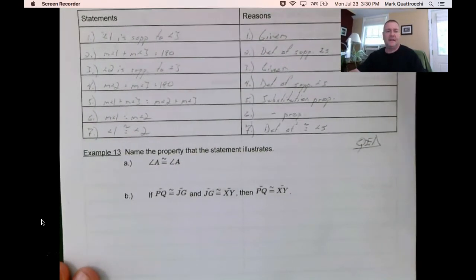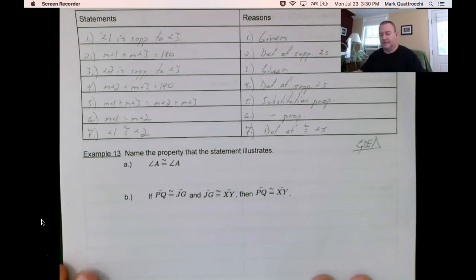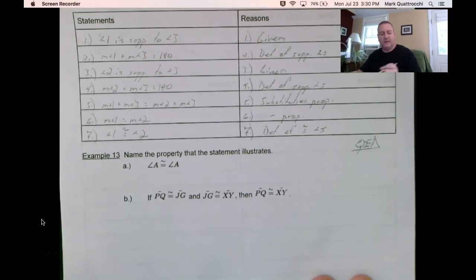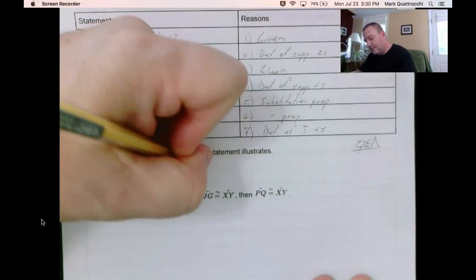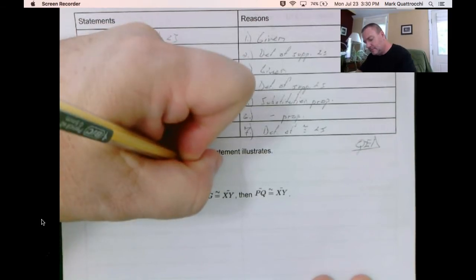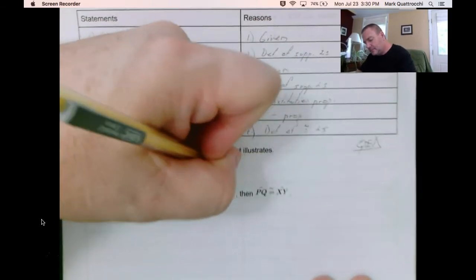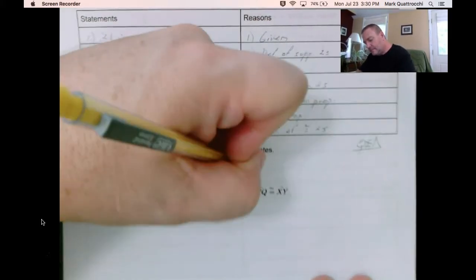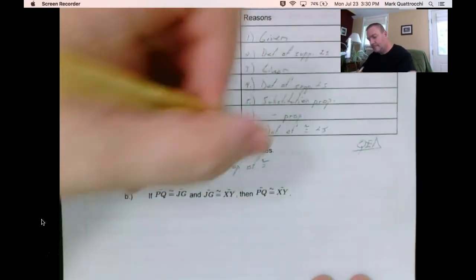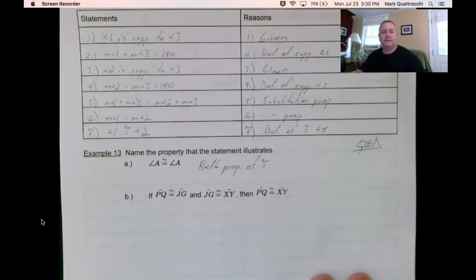All right, example 13. Name the property that the statement illustrates. Angle A is congruent to angle A. This is a reflexive property of congruence. All right.